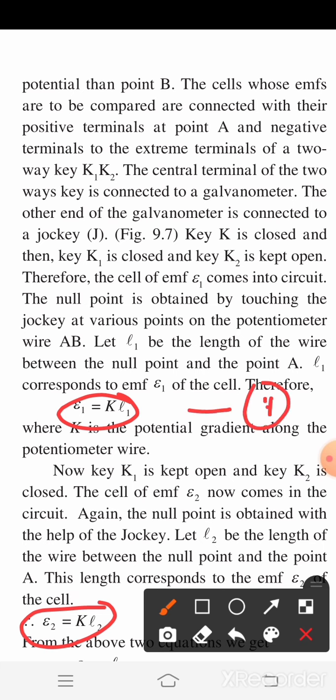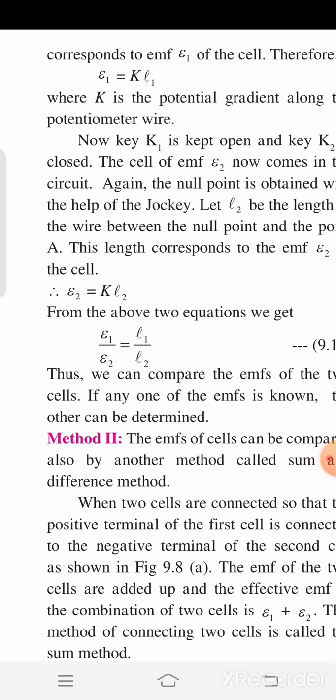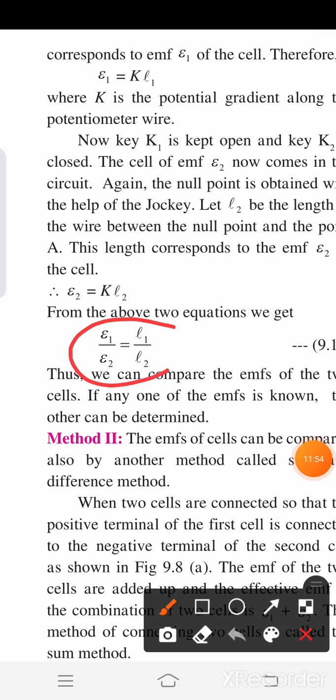Dividing equation 1 by 2, we get E1 upon E2 is equal to K L1 upon K L2. By cancelling K from numerator and denominator, we get E1 upon E2 is equal to L1 upon L2, where E1 is the EMF of cell E1 and E2 is the EMF of cell E2, and L1 is the balancing length of the first cell and L2 is the balancing length of the second cell.